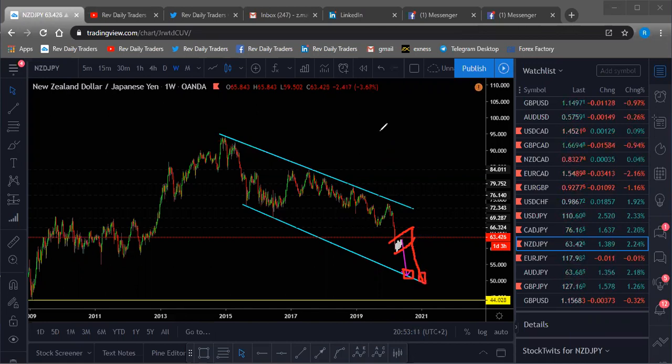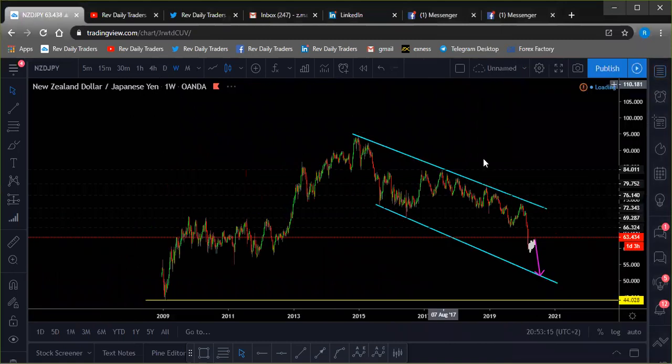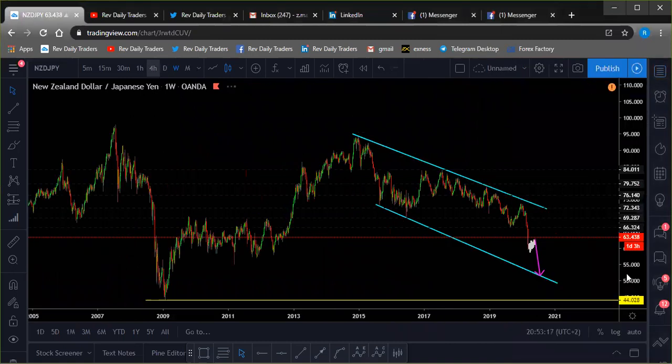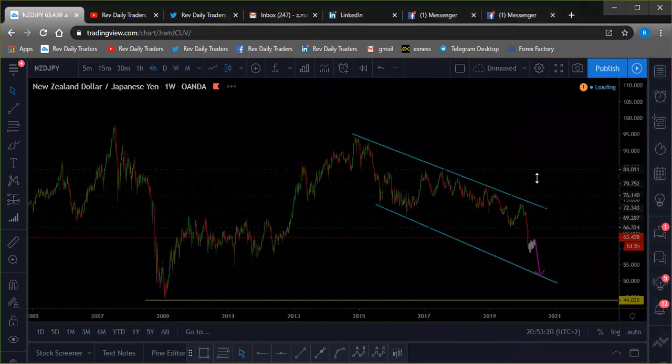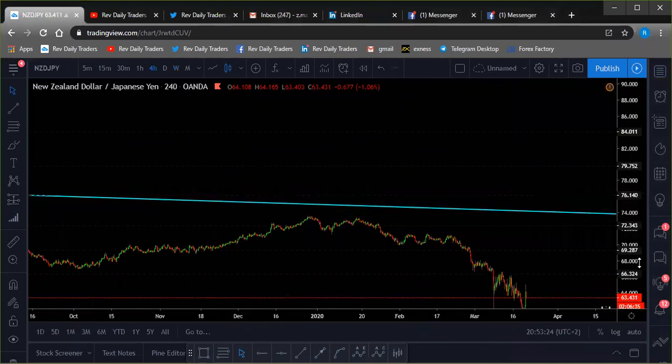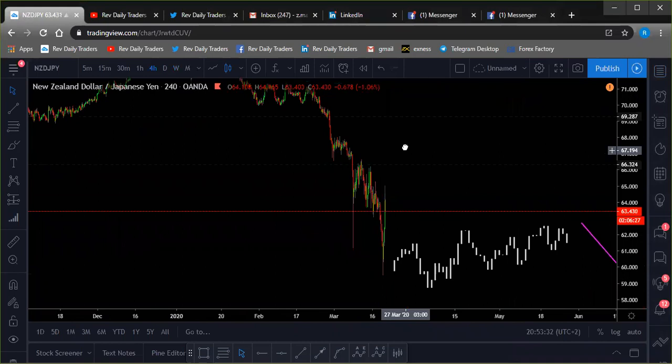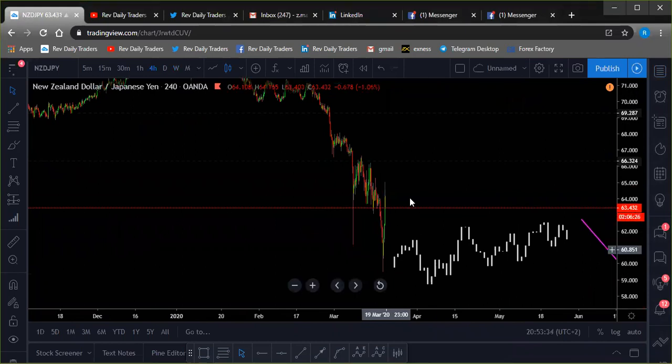so on lower time frame, you need to look for this pair to correct. Look for correction. Look for a correction structure.